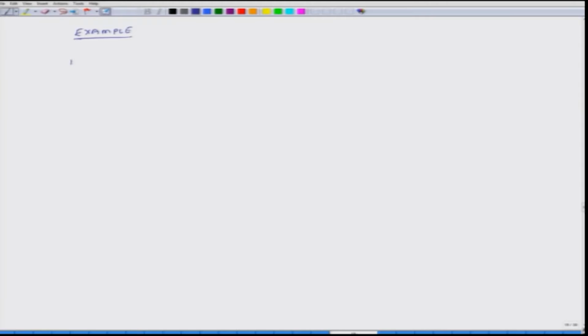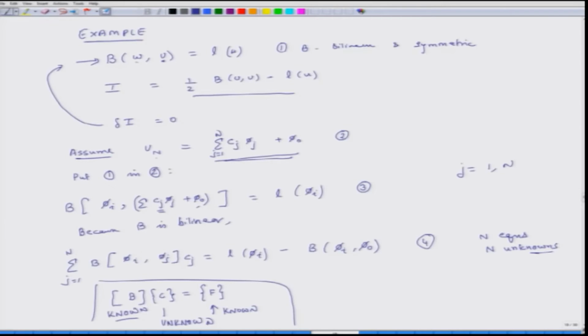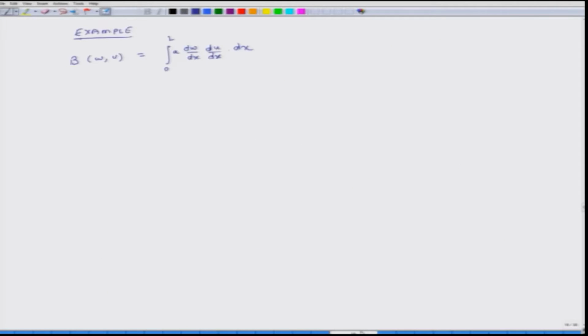So, in the context of the bar problem, B we had seen was defined as the integral from 0 to L of dw over dx times du over dx, dx, and there was this constant or parameter a. So what we will do is compute this B matrix for this type of function.